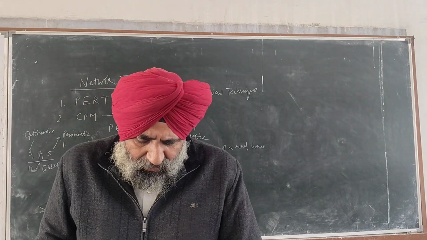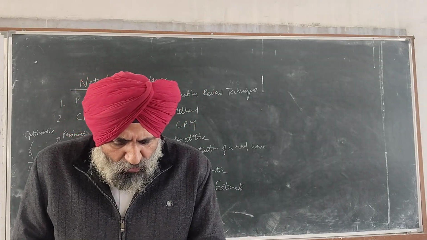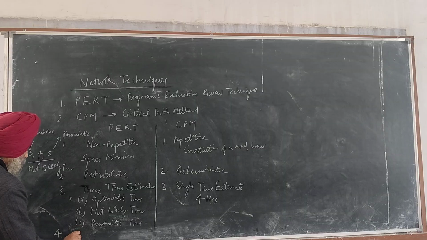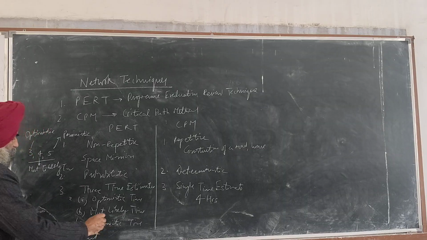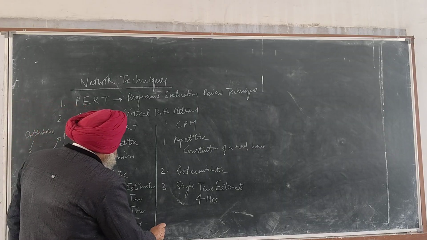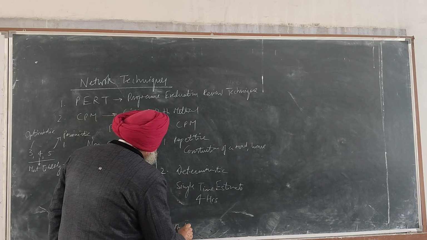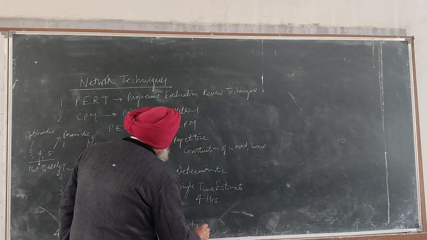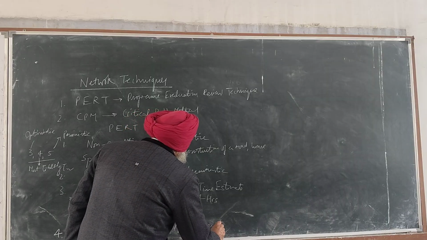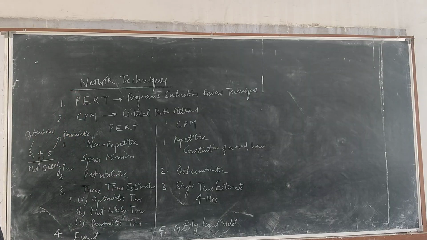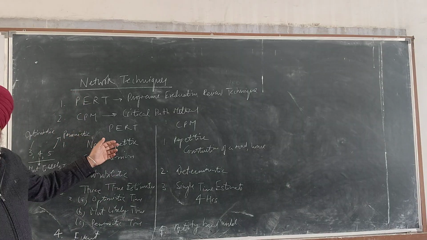Moreover, PERT is the event-based model, and CPM is the activity-based model. We'll deliberate on this also. This is the common point of difference between PERT and CPM.